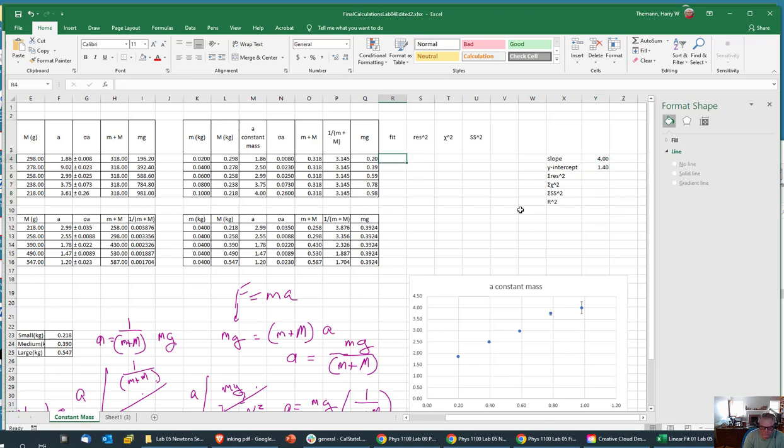Okay, so this equals the slope, and then we need our dollar signs times the x value, which in this case is mg, plus the y-intercept, which is there. We need our dollar signs, and there we go. And these need to be formatted as numbers.